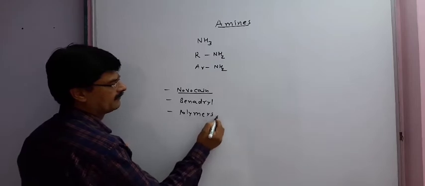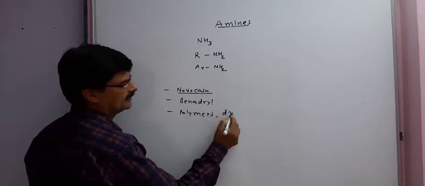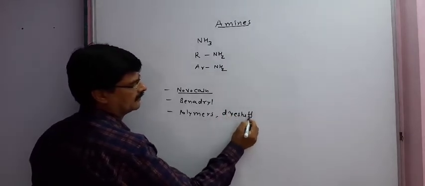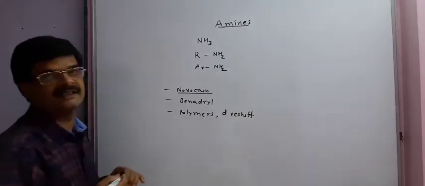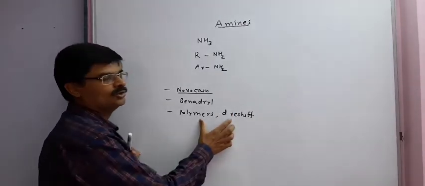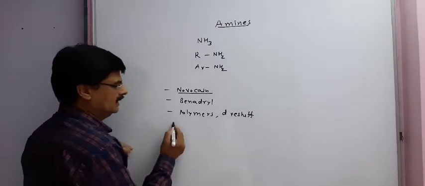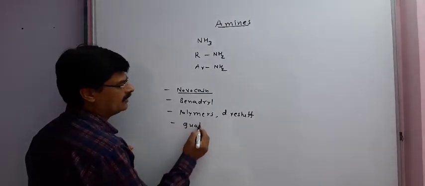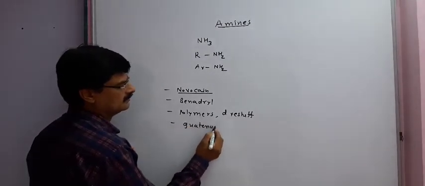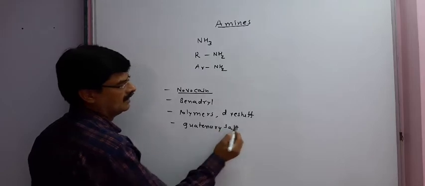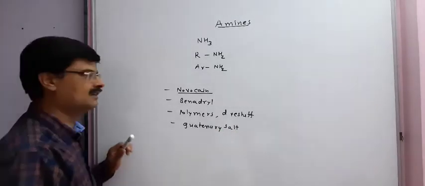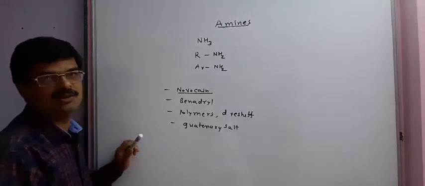Polymers and dyestuffs are also amine compounds, and quaternary salts are used as surfactants. That is why we need to understand this chapter.